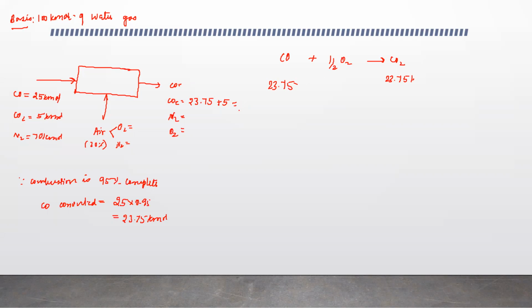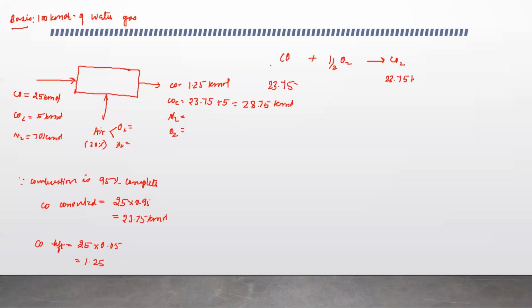So in total, we'll get carbon dioxide as 28.75 kilomoles. Then carbon monoxide left is going to be 5%. So 25 into 0.05, that is 1.25 kilomole of carbon monoxide left.